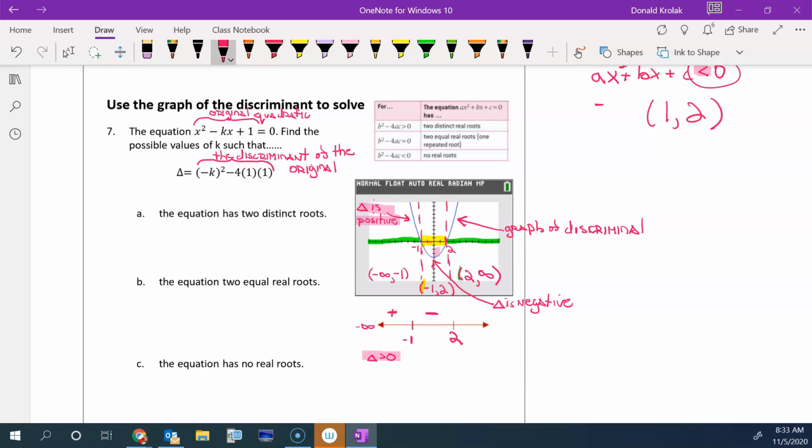What I'm creating is telling where the graph is positive and where the discriminant is negative. So here the discriminant is negative.